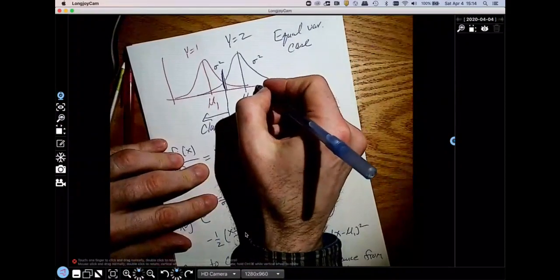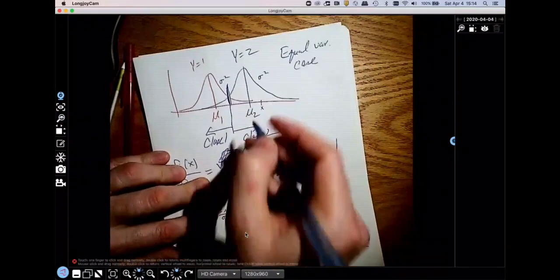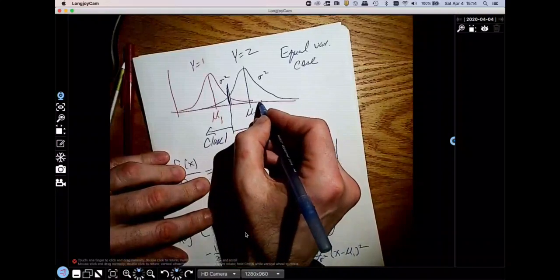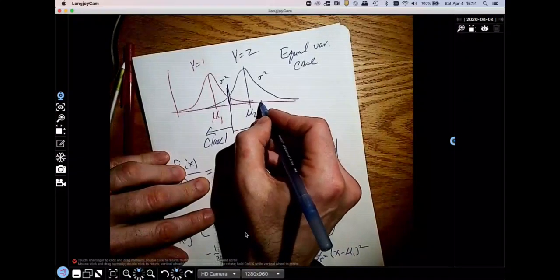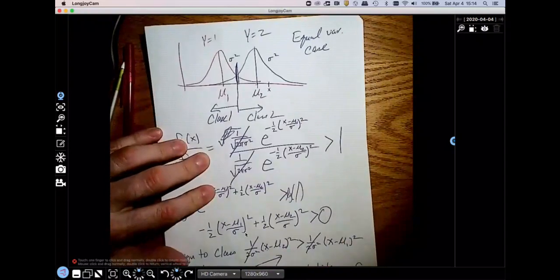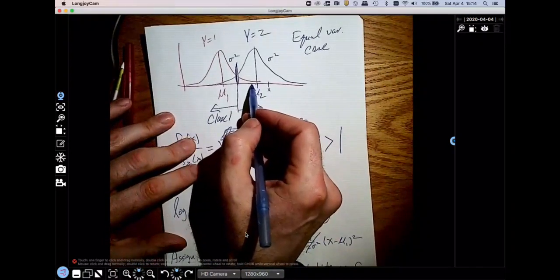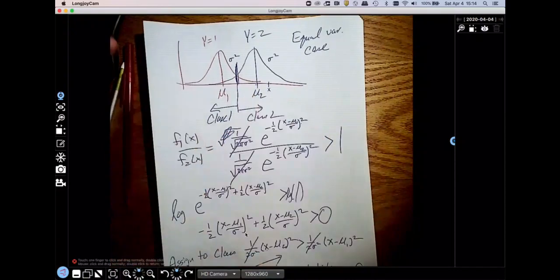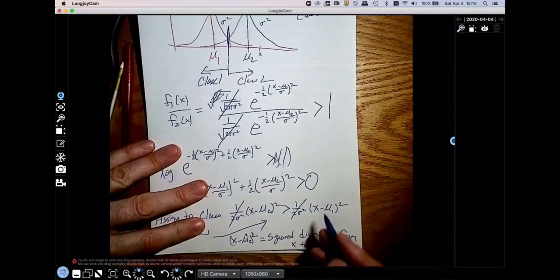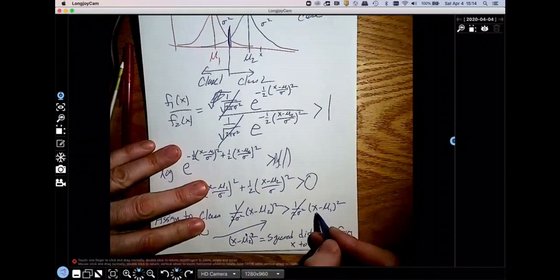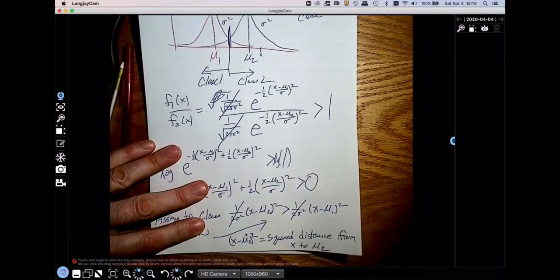So if I had, for example, this is my x, this is the distance between x and mu2, and I can square it. If I had an x down here, if I took x minus mu2, that would be a negative number, but if I square it, it's the squared distance. What's the thing on the right? Well, this is just the squared distance of x to mu1.